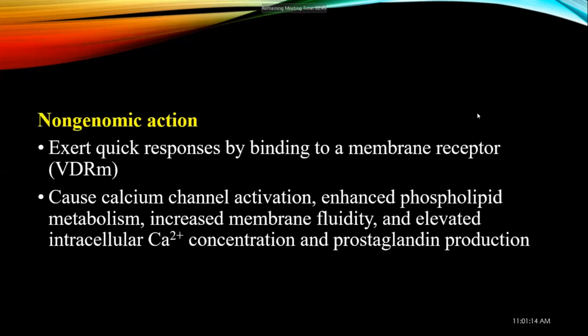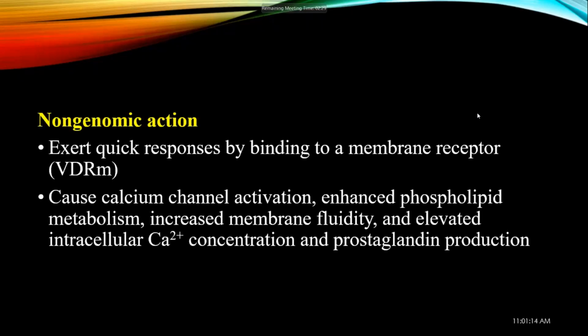Now non-genomic actions. Vitamin D is also able to show its actions through non-genomic actions. For that, vitamin D binds to membrane receptors present on the cell membrane, called vitamin D receptors.